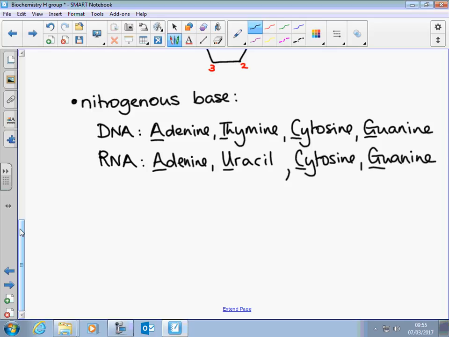The big one is made of 2 rings. So on your diagrams there, you will see the left-hand base, it says purine, 2 rings. And the right-hand diagram says pyrimidine, 1 ring. Now, it is important in terms of the pairing, but it works like this.